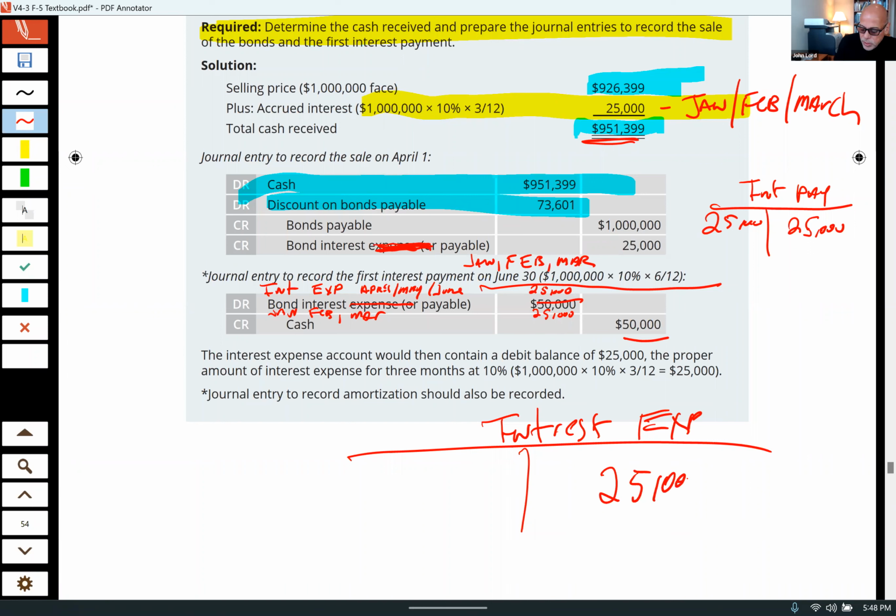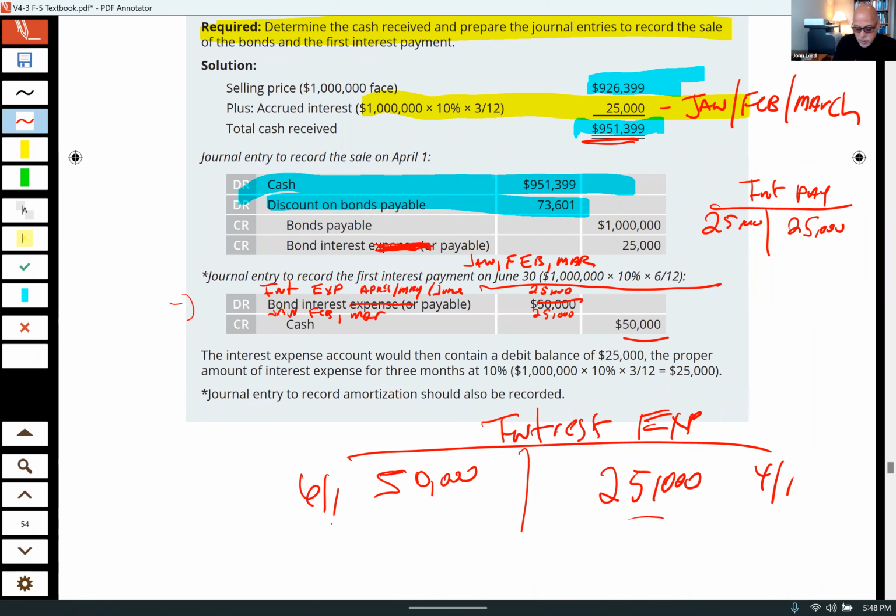Basically, if you credit interest expense on April 1st, and then they said later you could debit interest expense or payable for 50,000, okay, if you debited the interest expense at that point for 50,000 because you credited the interest expense instead of the payable on 4/1, then it's 6/1.